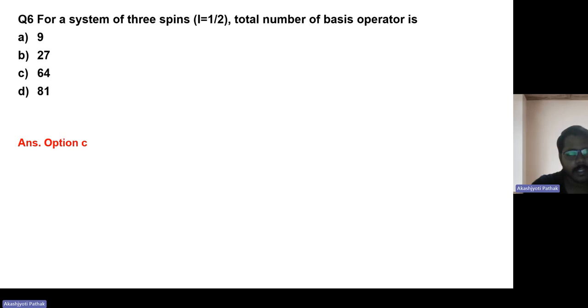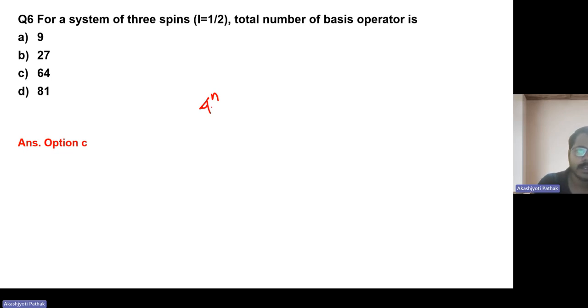The correct option is option C. Why? Because of the simple formula that we just learned in the last slide: the number of basis operators is given by 4 to the power n, where n represents the total number of spins.